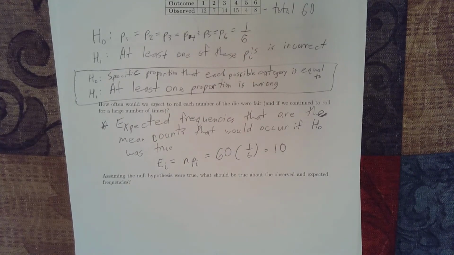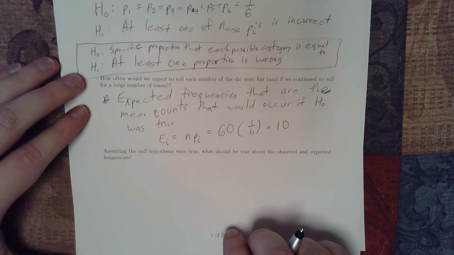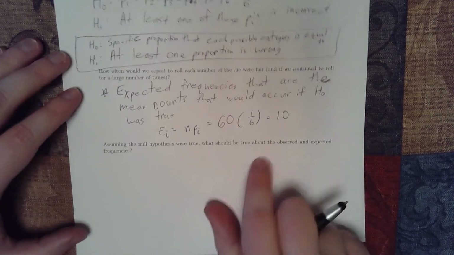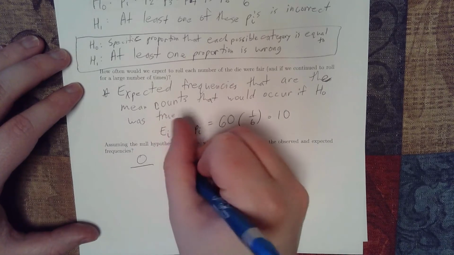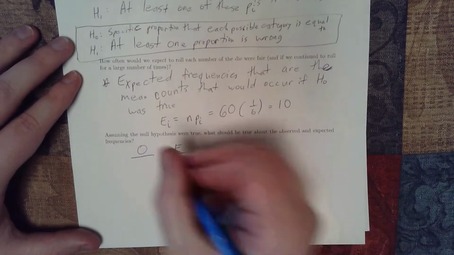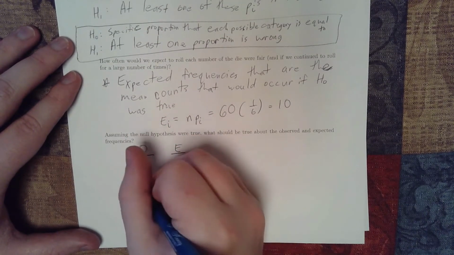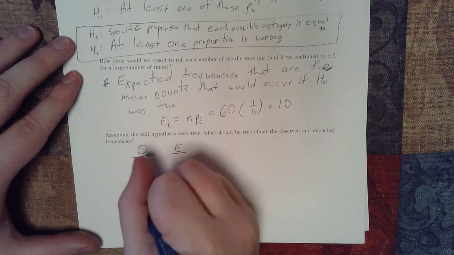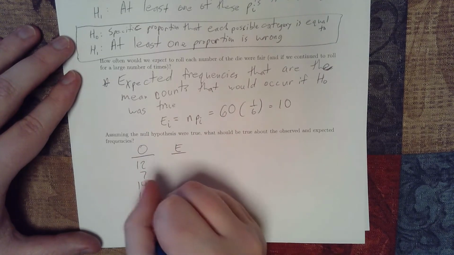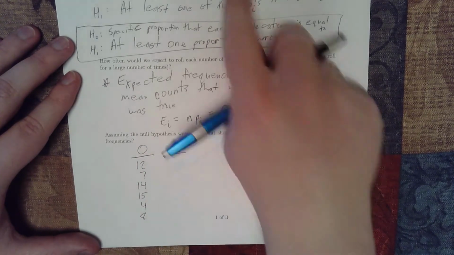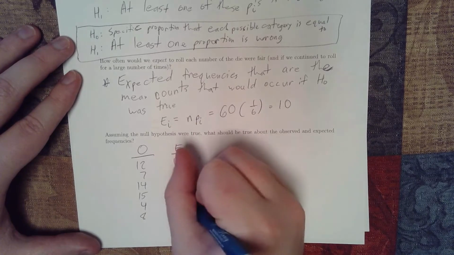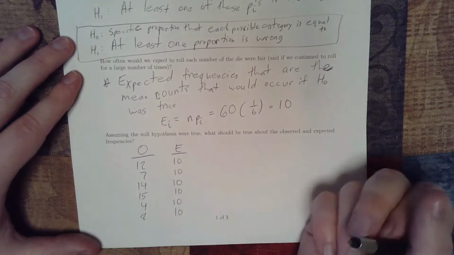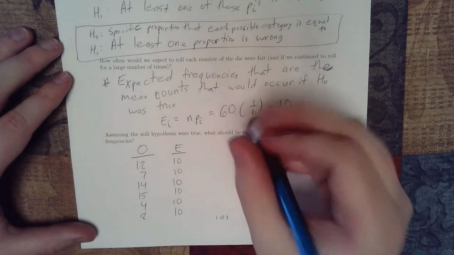So assuming the null hypothesis is true, we want to know what we should see between our observed and expected frequencies. We're going to have two columns here, our observed and our expected. We have 12, 7, 14, 15, 4, 8 for our observed from above, and for all of these expecteds, we should expect 10 in each of those categories.